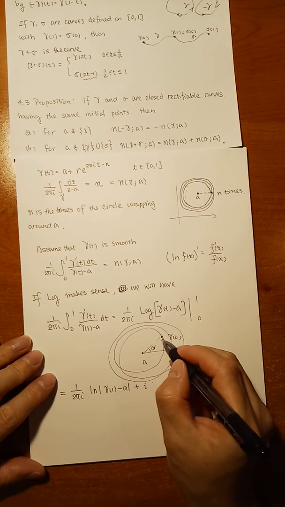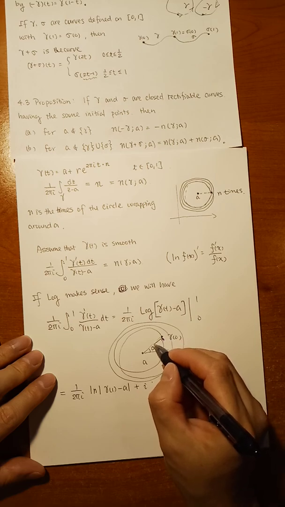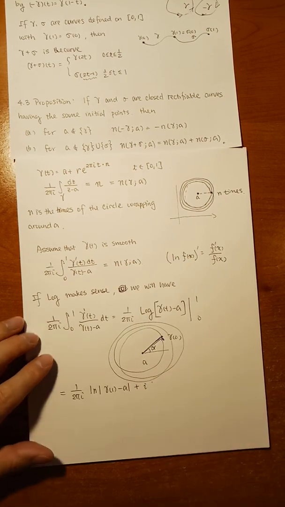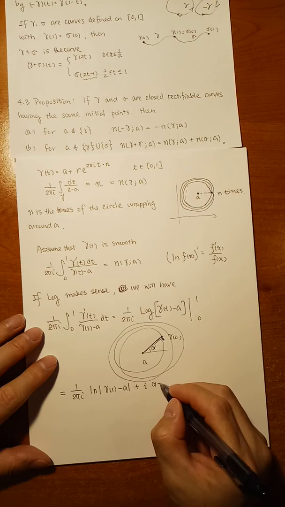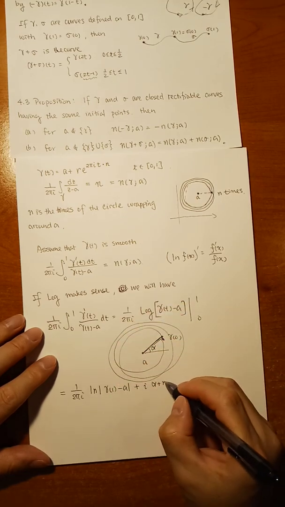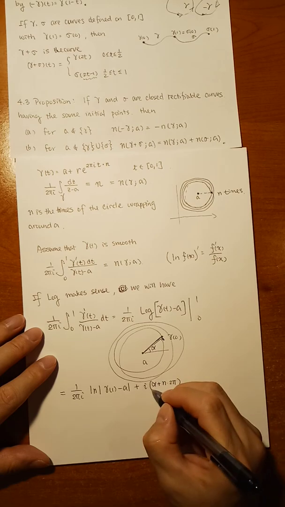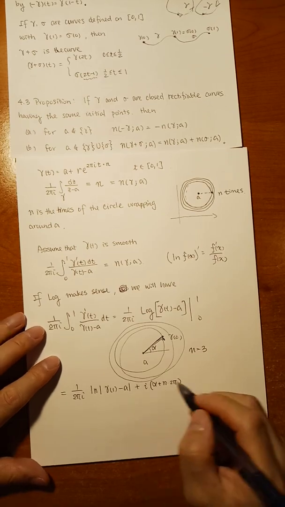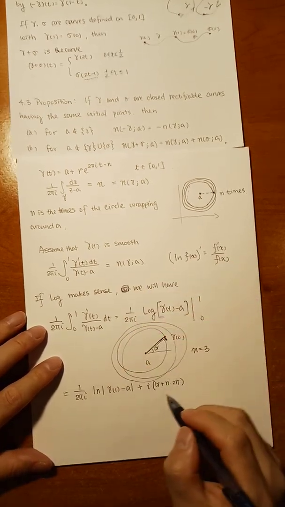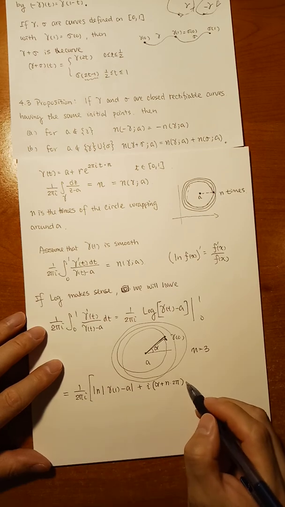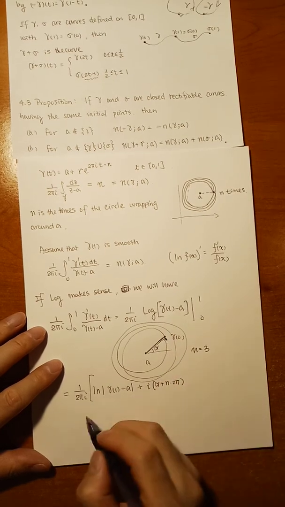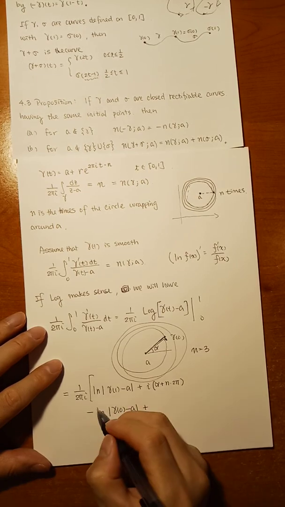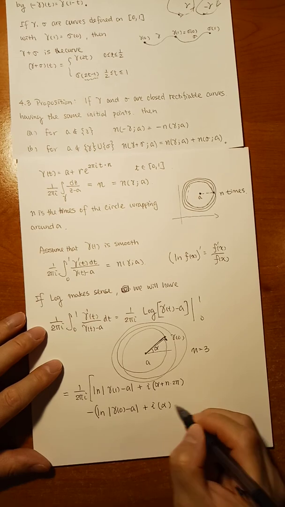When you move back to here, you get the identical real part, but the argument is alpha plus n times 2 pi. Here I draw 3 times, so n is equal to 3, but in general n can be anything. It depends on how you surround it. This is the value when t is equal to 1, and subtract the natural log of gamma of 0 minus a, with argument alpha.